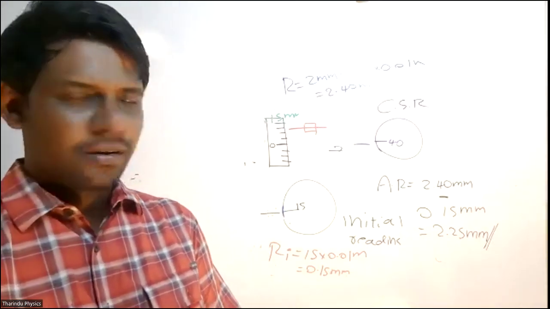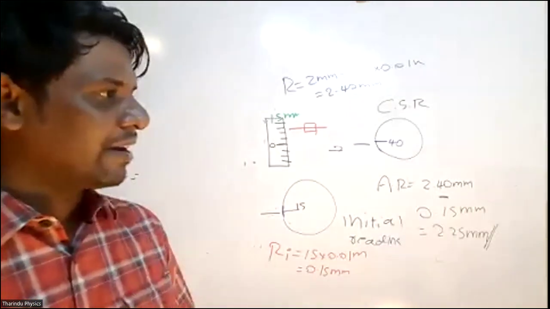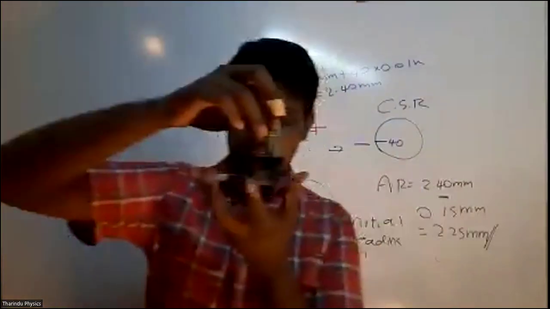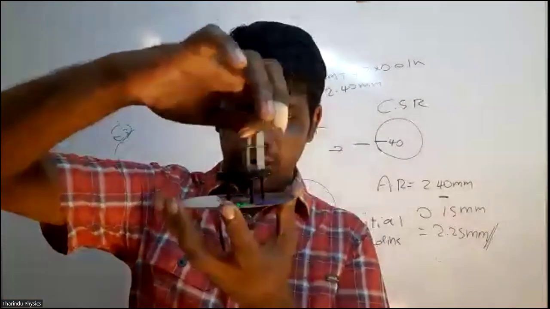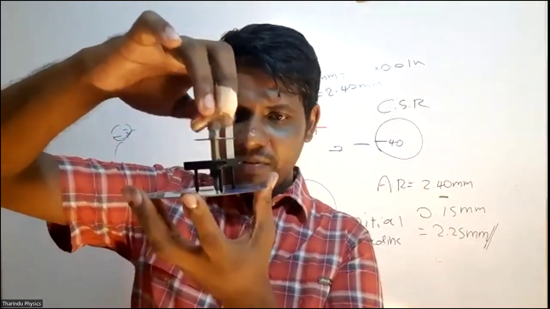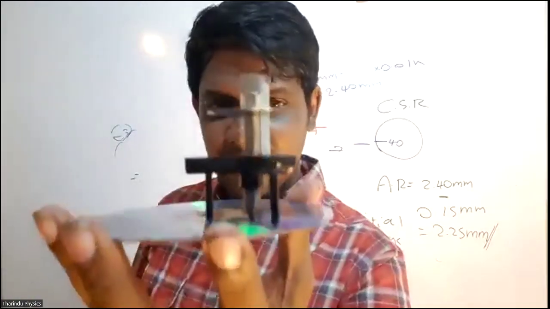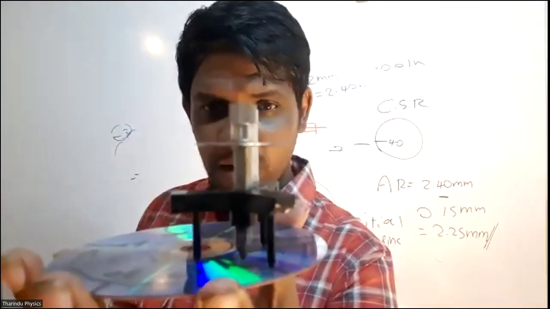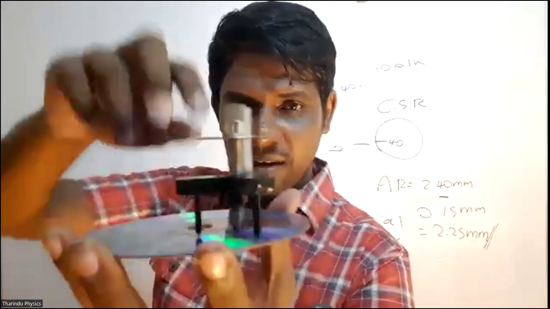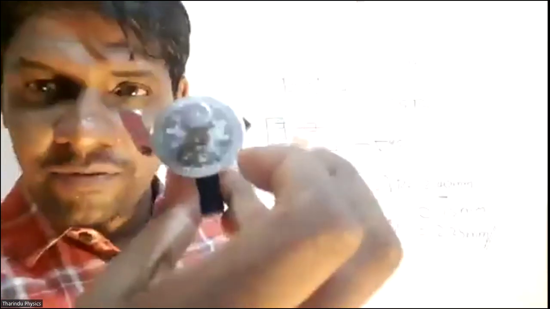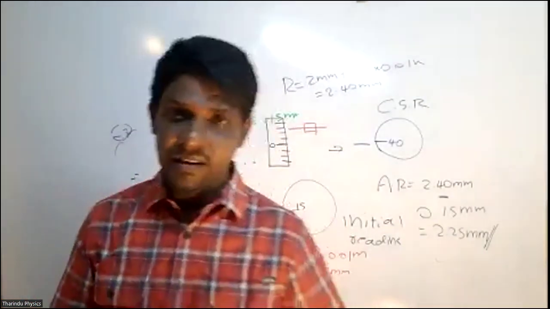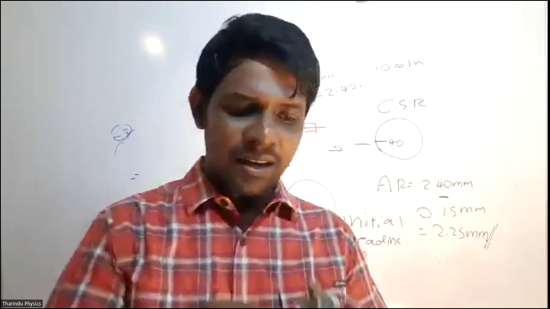No, no, no. It is not main scale 0 reading. When we check like this, when all the 4 legs are touching the glass block, if any reading shows over here, if zeros are not coinciding, there is an initial reading.